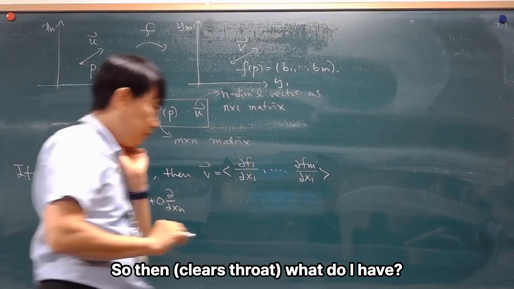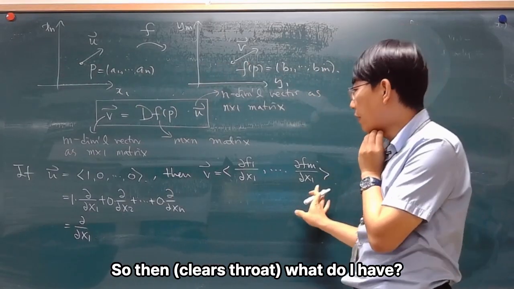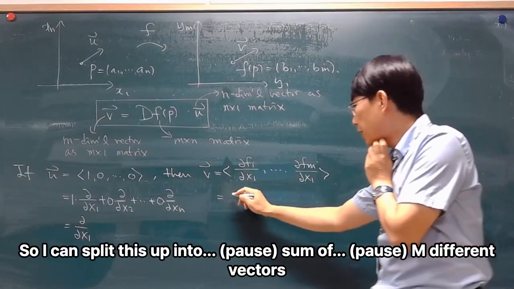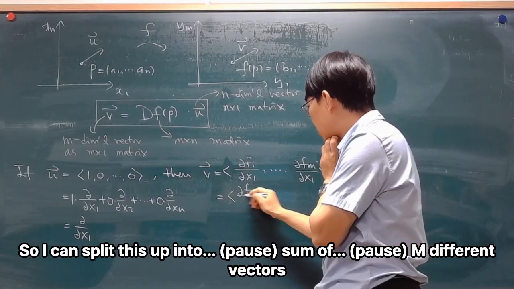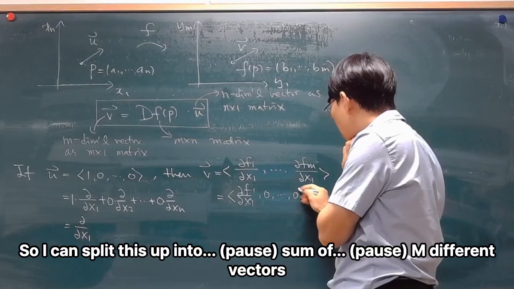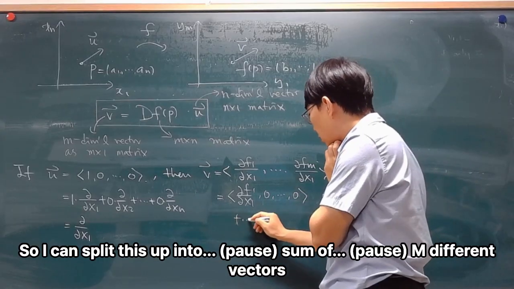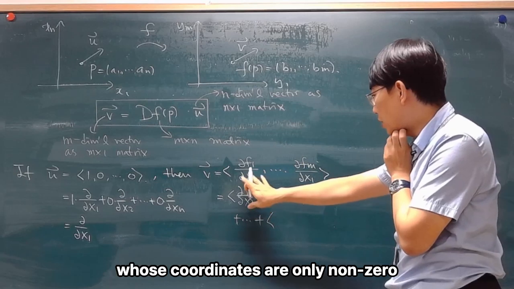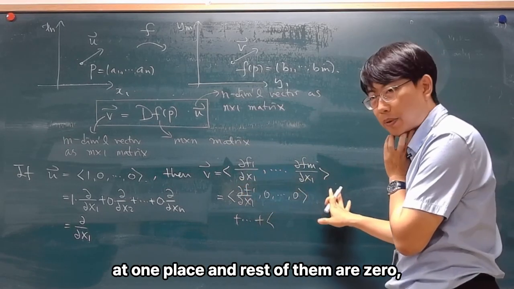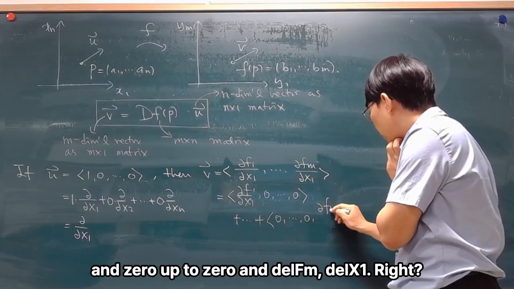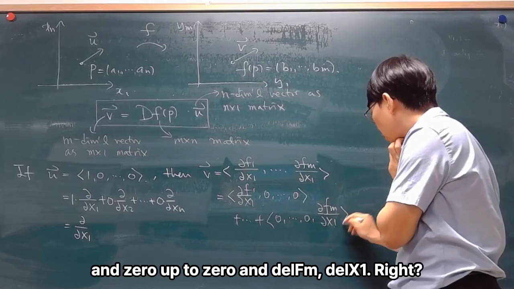So then, what do I have? I have m-dimensional vectors, so I can split this up into a sum of m different vectors whose coordinates are non-zero at only one place and the rest of them are 0, down to 0 and ∂fm/∂x1, right?